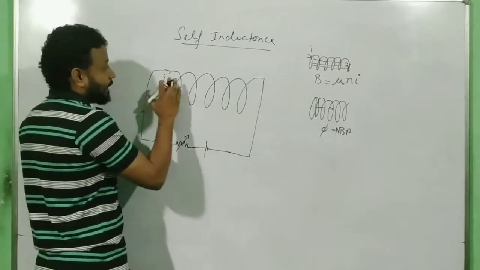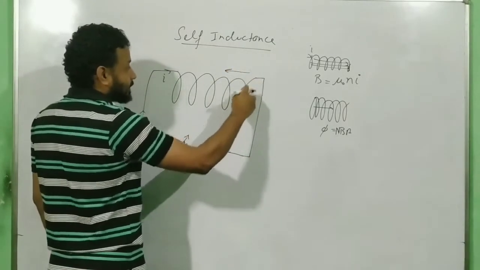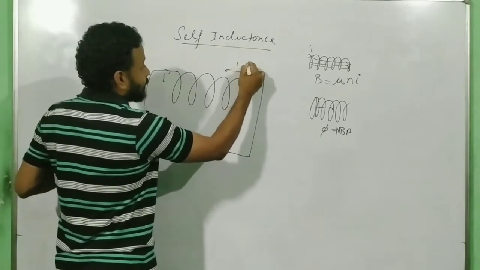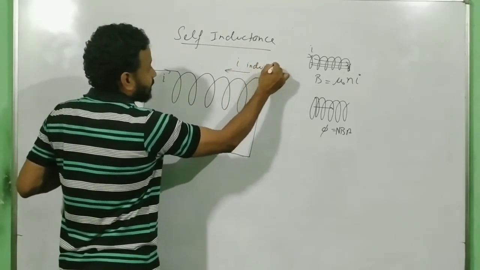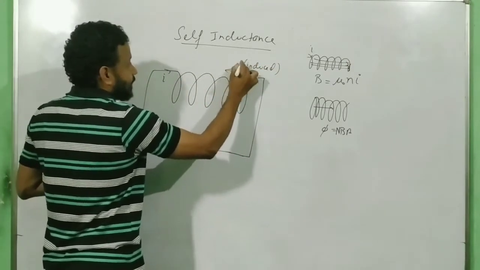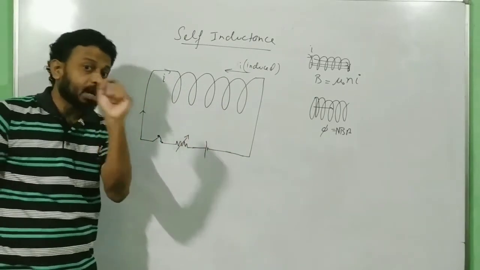So if this is the main current, my induced current will be in such a way that it will try to oppose the cause of this main current. So this is my induced current, and this is only at the moment of switching it on. I repeat this again and again.